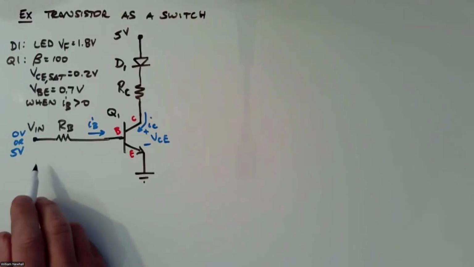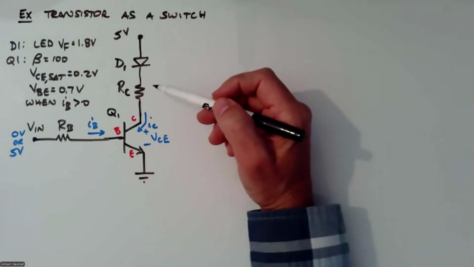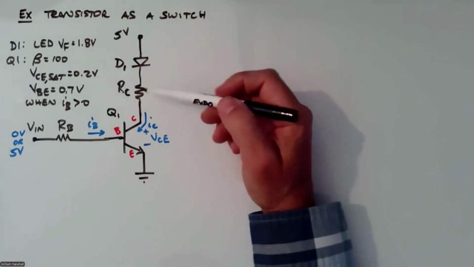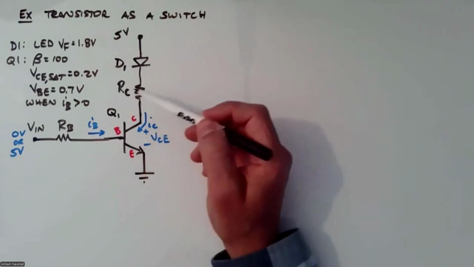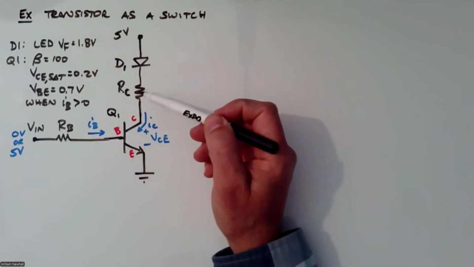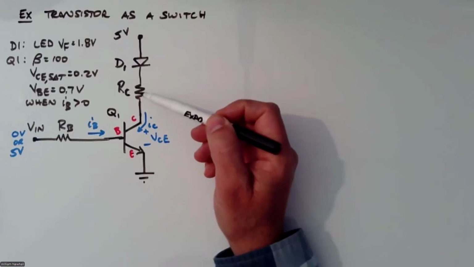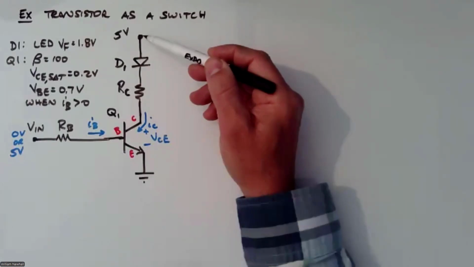Okay. So the design problem in this example is this. How do we choose the values of the collector resistor and the base resistor? We know we have 5 volts here. We have 5 volts here.